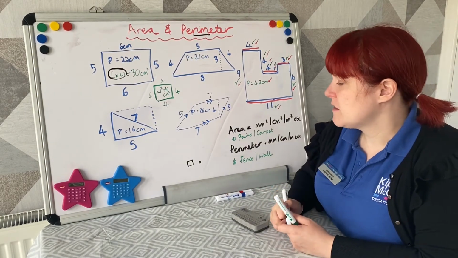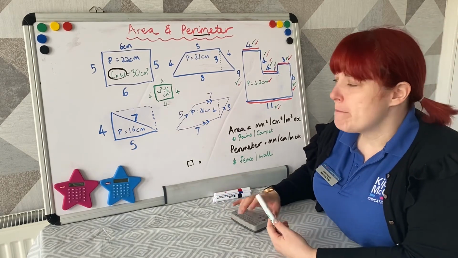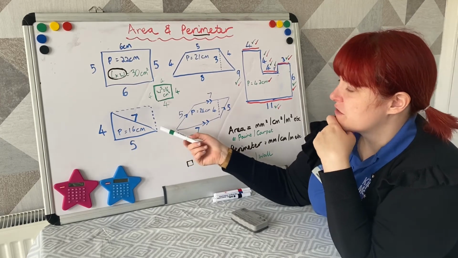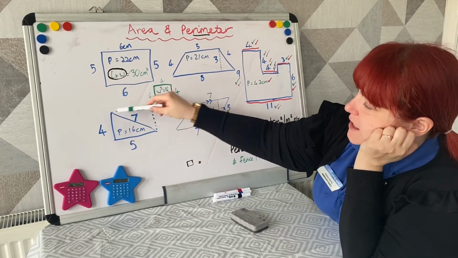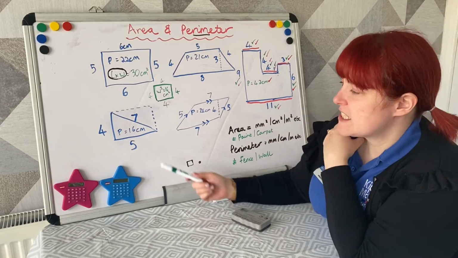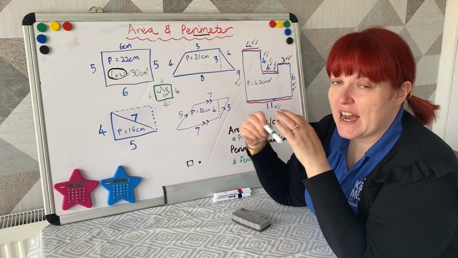Now, triangles are similar and children will always just do the same, but they need to remember that if you imagined your triangle was part of something and we extended it, it would actually be effectively half of a rectangle. So instead of just doing this times this, we have to then half it.